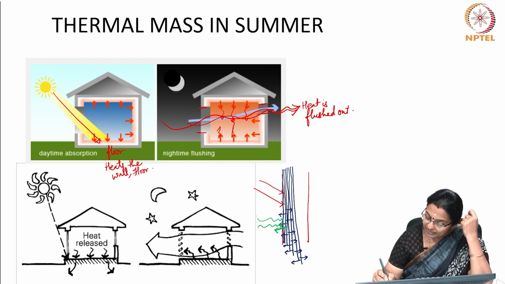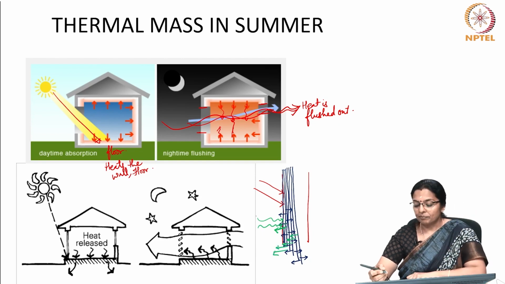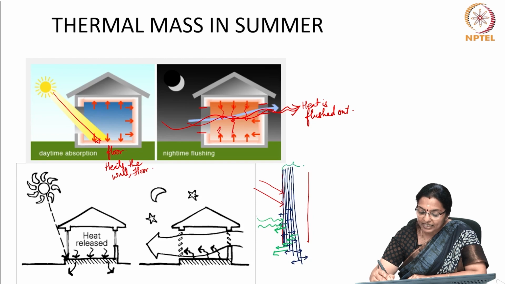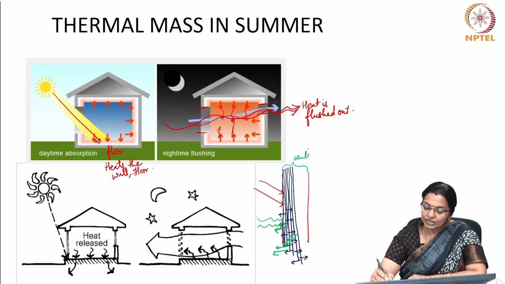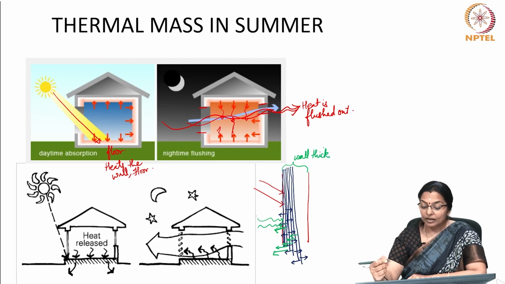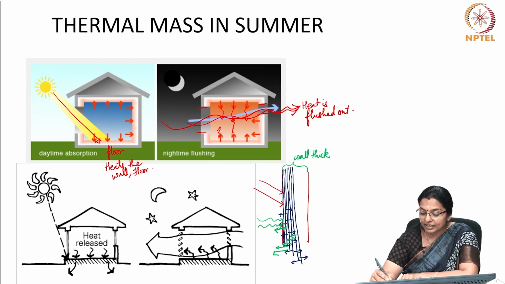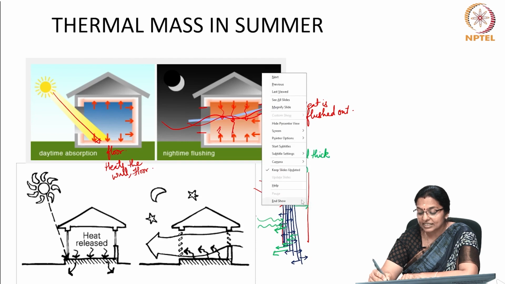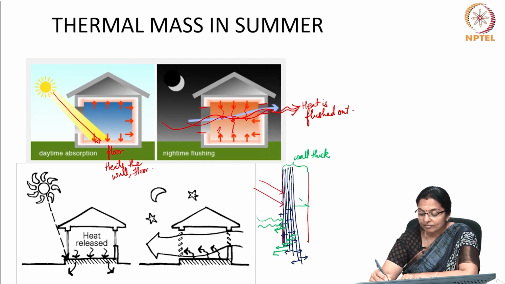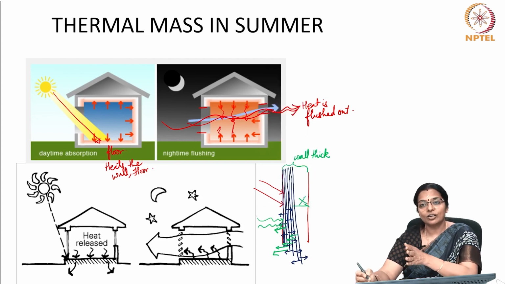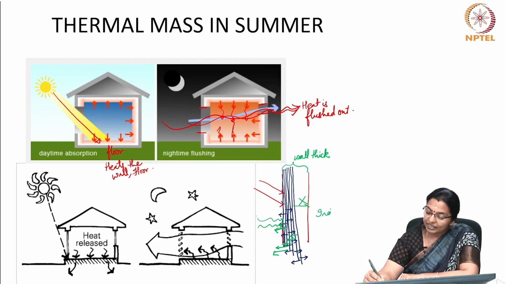Now the direction of heat gets reversed. So, can you see, by virtue of designing this wall which is thick, you have not allowed the heat to reach the inside at all. The heat does not reach inside at all, and therefore the indoors remain at indoor temperature.